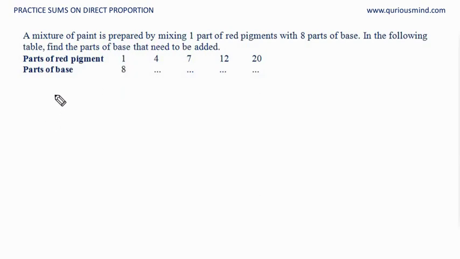So x1 upon y1 should be equal to x2 upon y2. And we know x1 upon y1 is 1 upon 8, which should be equal to 4 upon y2. And therefore y2 goes that side. y2 is equal to 4 into 8, 32.